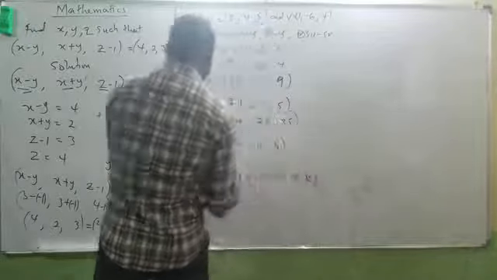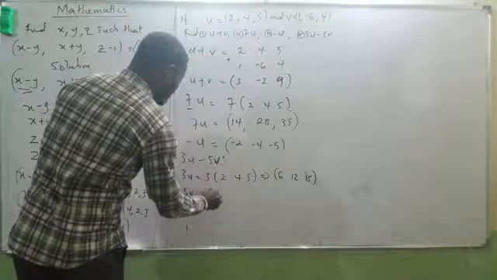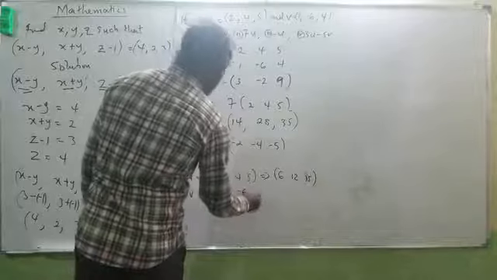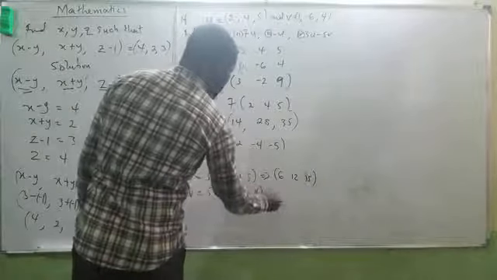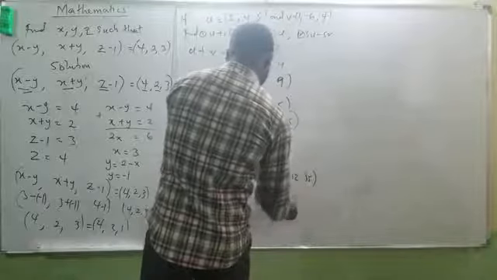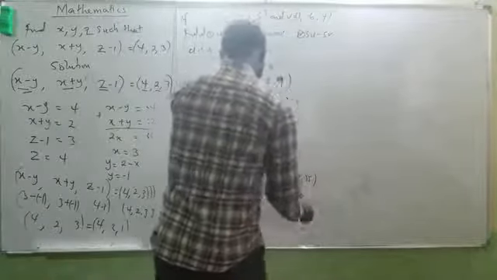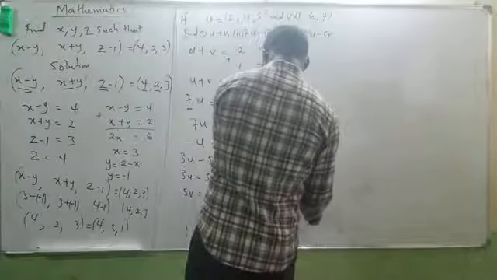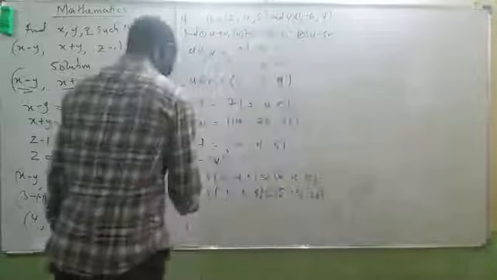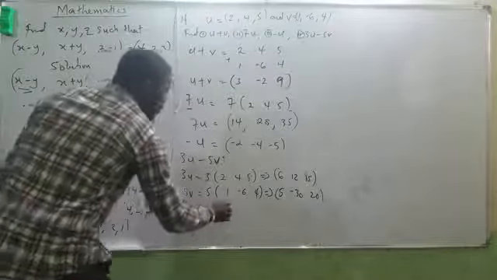Now, I will move on to my 5v. What is my v? 1, minus 6, and 4, which implies 5, minus 30, and 20.